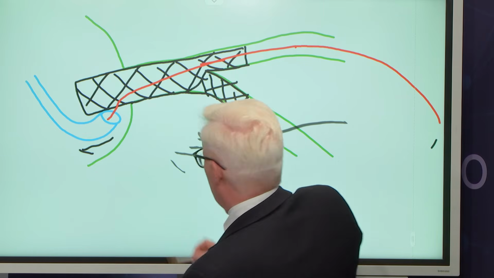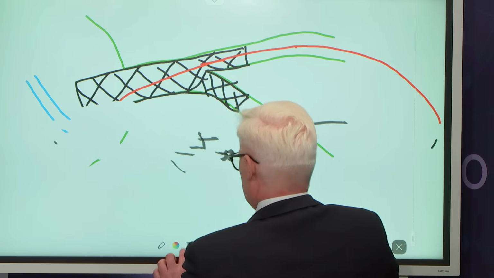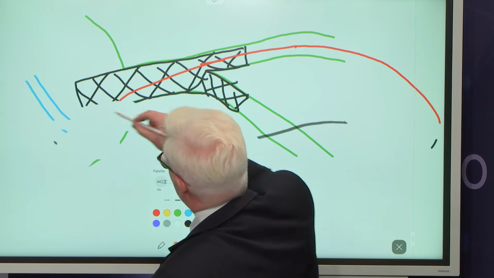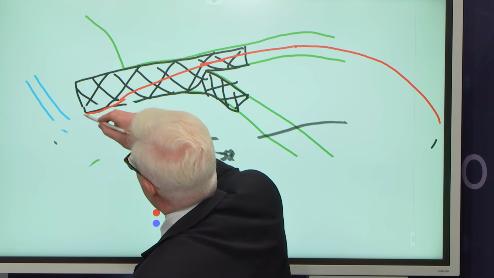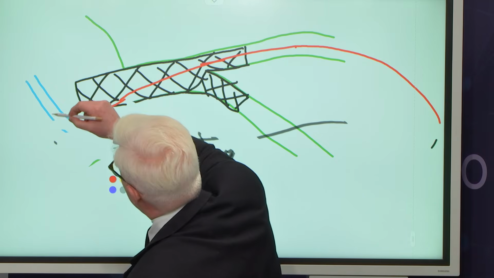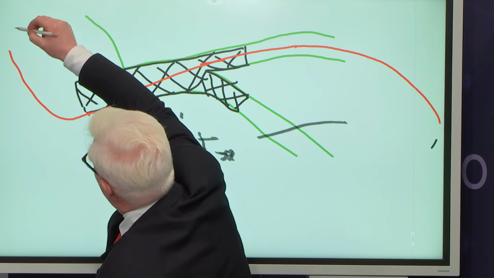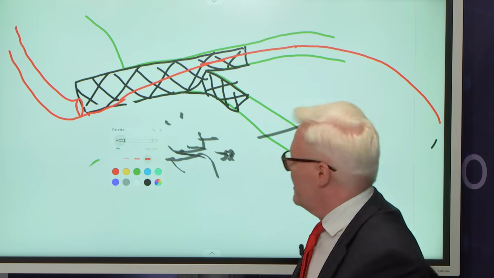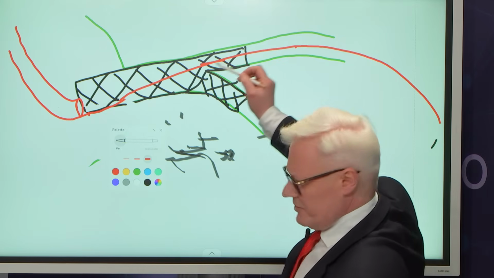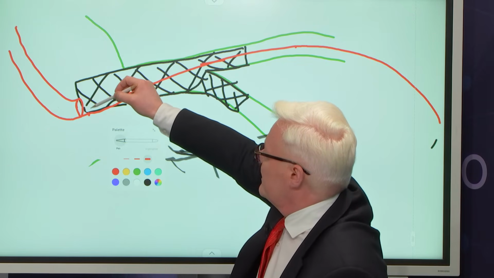And with this maneuver, we would love to go to the situation where the wire goes that way, and your catheter now would be just in front of the stent, which is not always easy.